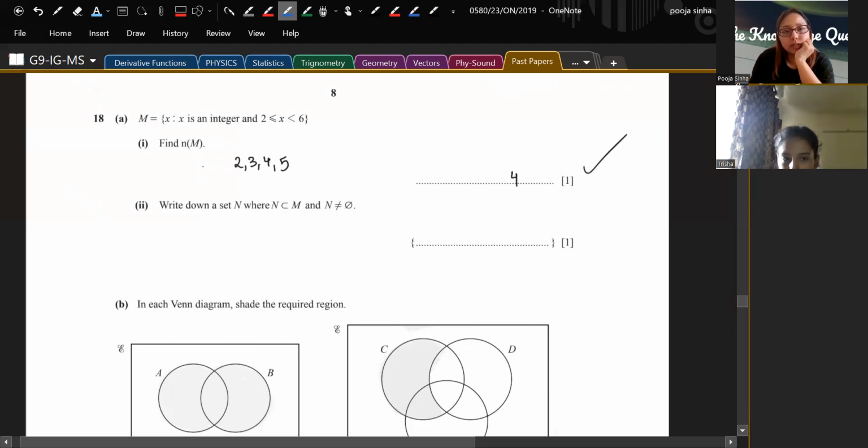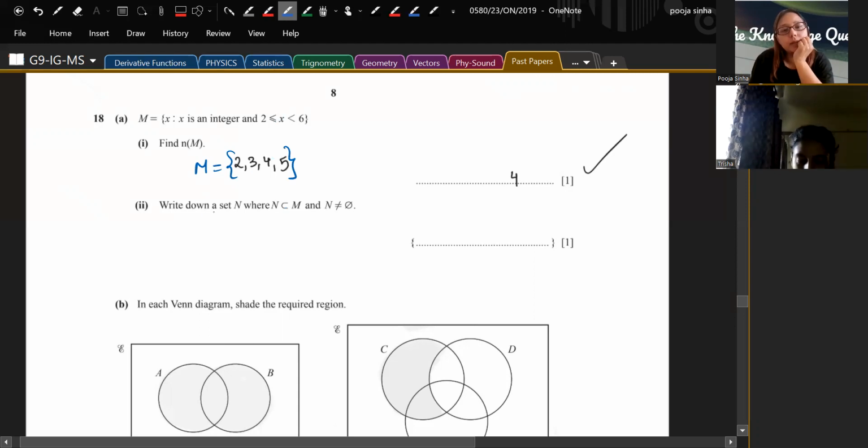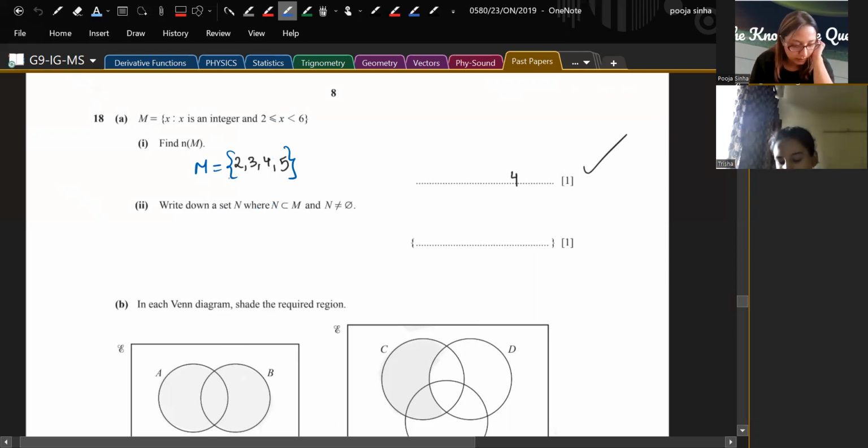M is 2 to 6. M is equal to, you should write like this always, 2, 3, 4, 5. So write down a set N such that N is a subset. So make anything out of this so that it becomes a subset. कुछ भी बना सकते हो. You can make your N as anything, just 2. Your N can be just.